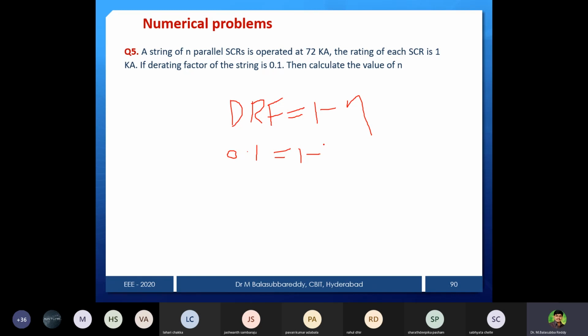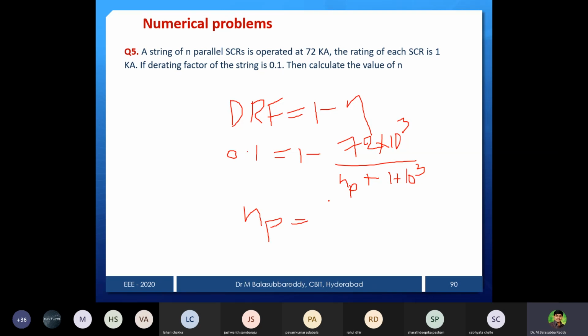Actual current rating of the whole string is 72 into 10 cube, divided by n, the unknown number of SCRs in parallel, into the 1 SCR current rating, that is 1 into 10 cube. That's all.